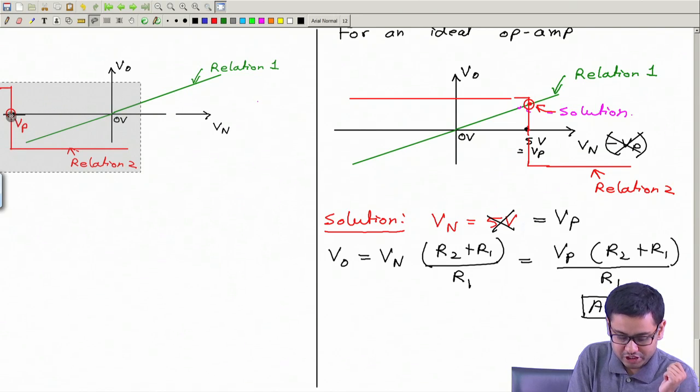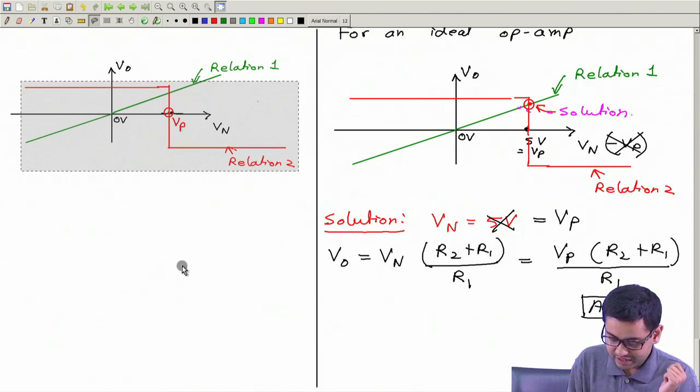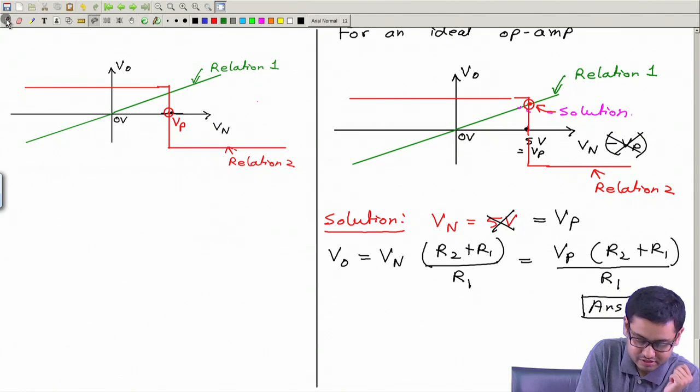So if the input is between this range, then the output changes linearly, proportionally with the input. Okay, so this is one observation.